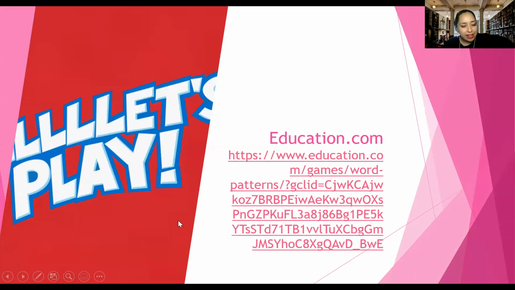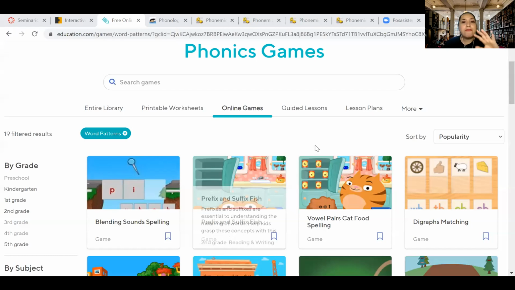Let's just play. So we can just click on it, but since I'm using sharing screens, I'm going to switch screens and I'm going to share it from here. This one. It's a short game. We're going to play a game here. Phonics games, these are, and like I said before, these are games for little kids.